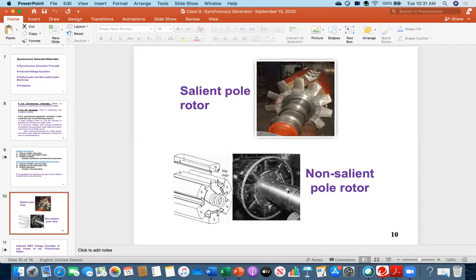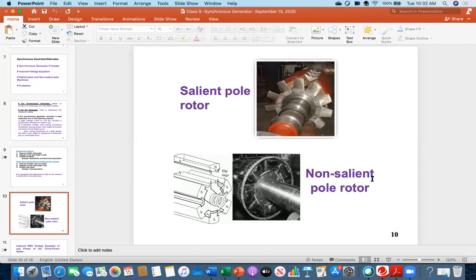And in this picture, everybody see the non-salient pole rotor. Can you see where the pole is? Is it visible like this one? Can you see here? Inside there are poles, but those are not visible from outside. Accordingly it is called non-salient.